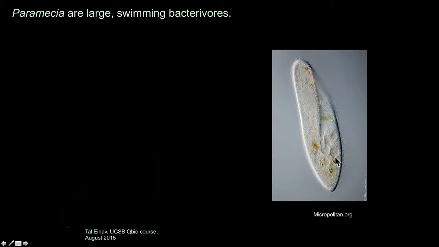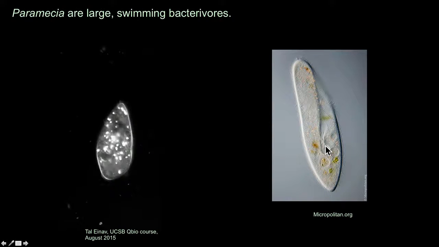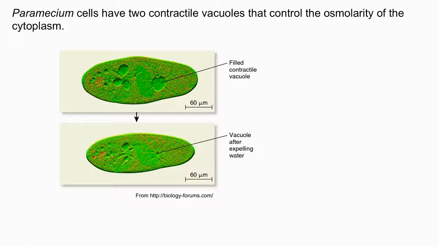Here are some food vacuoles, and here's a forming food vacuole at the base of the oral apparatus. Also, importantly for later in my talk, Paramecium cells, as freshwater-dwelling protists, have two contractile vacuoles that control the osmolarity of their cytoplasm. So they pump water continually out of the cell.